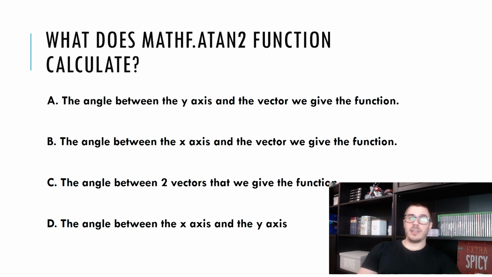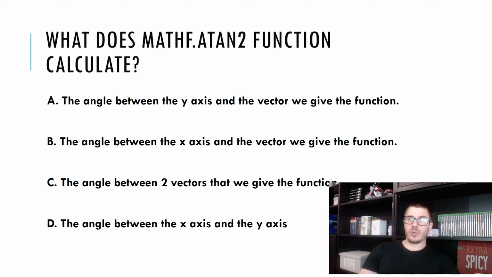Next one, what does the Mathf.Atan2 function calculate? The angle between the y-axis and the vector we give the function, the angle between the x-axis and the vector we give the function, the angle between 2 vectors that we give the function, or the angle between the x-axis and the y-axis.